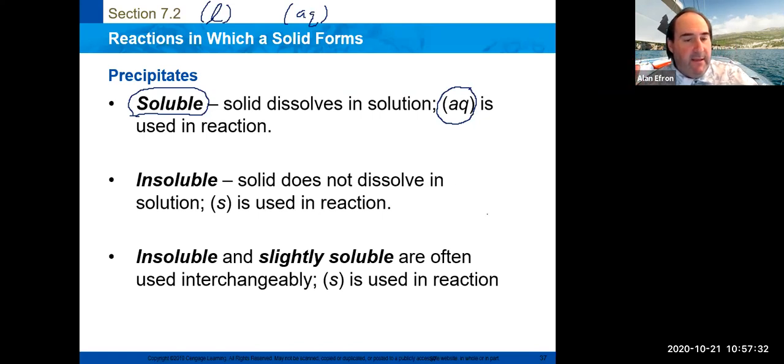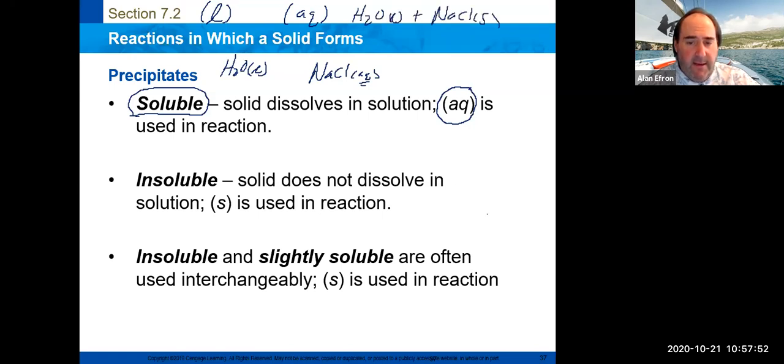Now, if you take water and put something else in it, like some sodium chloride, you will get a sodium chloride solution. And the sodium chloride solution will have the aqueous symbol next to it as opposed to water. So if you took some water and some solid sodium chloride and put them together, you get a solution that has the aqueous symbol. That's the difference between aqueous and liquid.